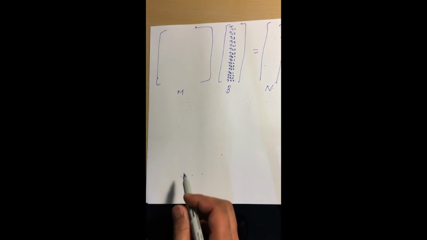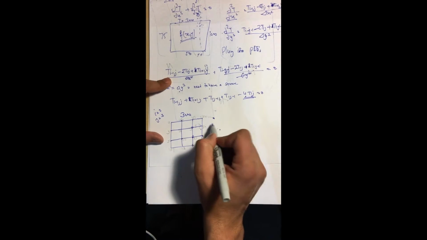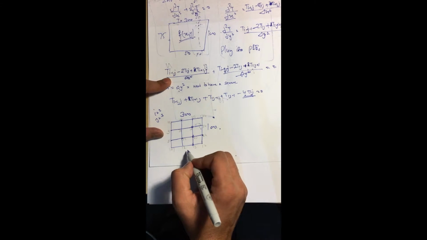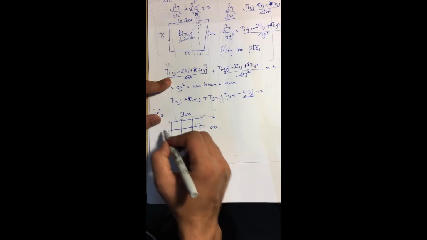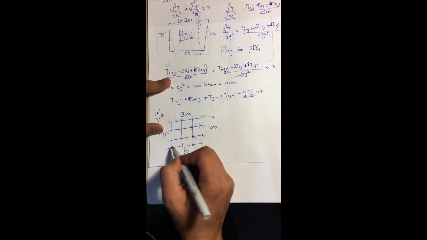We know our boundary conditions that I told you: I have T equal to 300 at the top, 50 at the bottom, 100 at the right side, and 75 at the left side. So our T(1,1) will be this point.